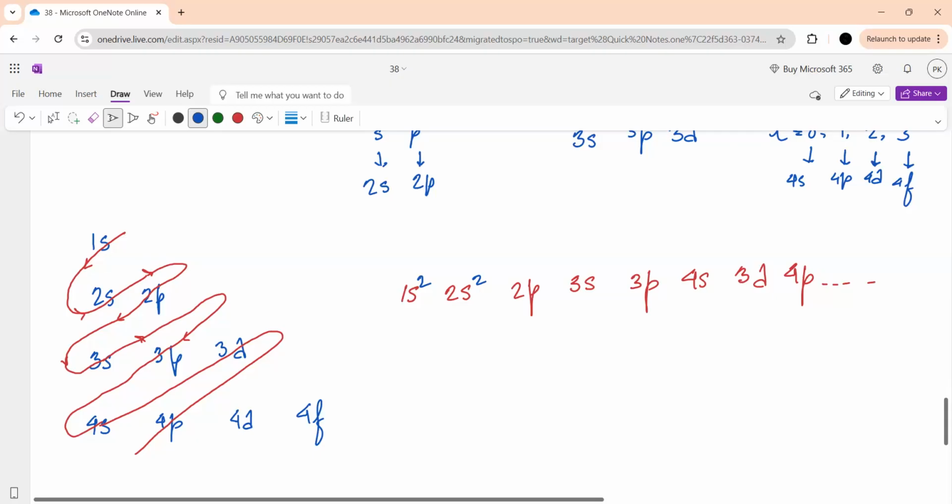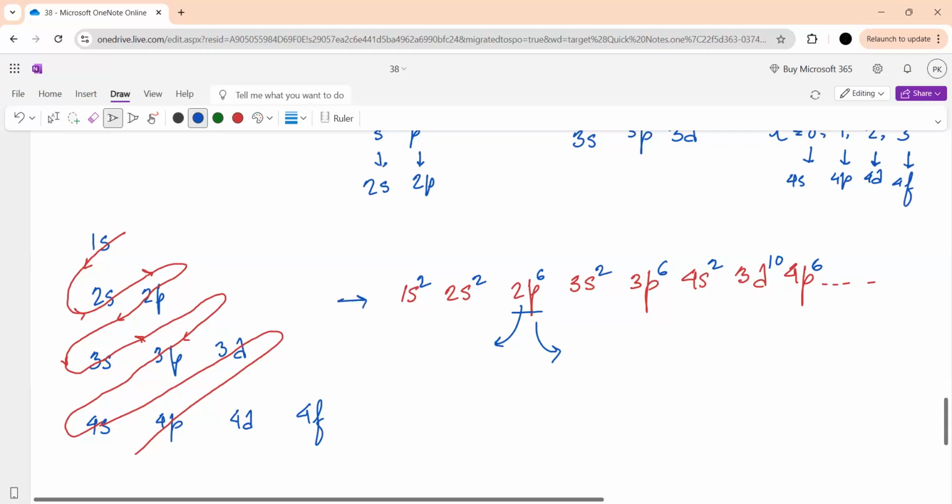Then coming to 2p, this is the principal quantum number, and this p will decide how many electrons can be there. If it is p, then there can be 6 electrons maximum. We have seen. So 2p6, 3s2, 3p6 again, 4s2, 3d10, 4p6, right? Okay. So this is our energy ordering.